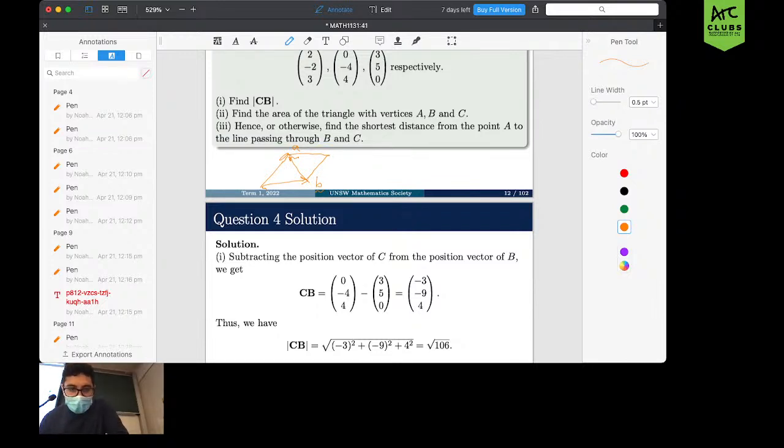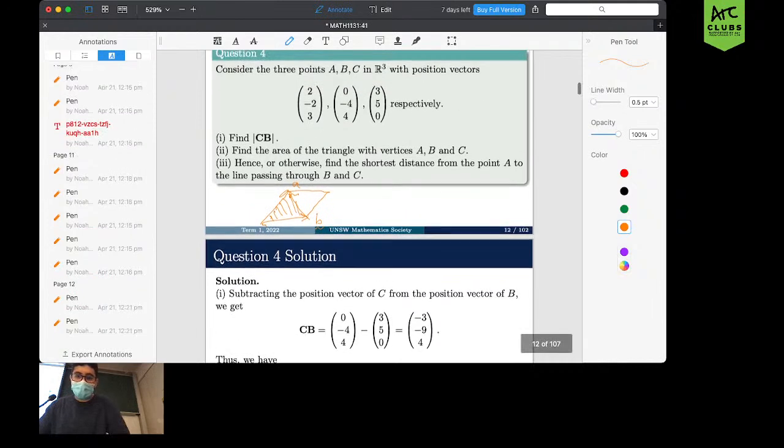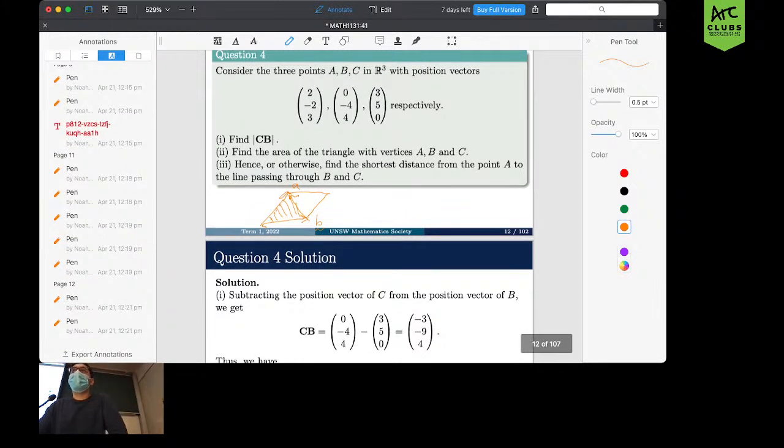Now the area of this triangle is simply half of the area of the parallelogram, because the diagonal of the parallelogram bisects its area. So if we're trying to find the area of a triangle with vertices A, B, and C, then the area would be half of the area of the parallelogram that is spanned by the vectors AB and AC.